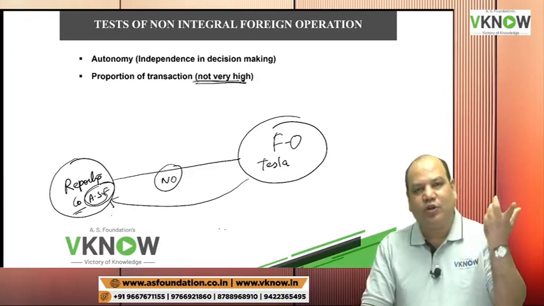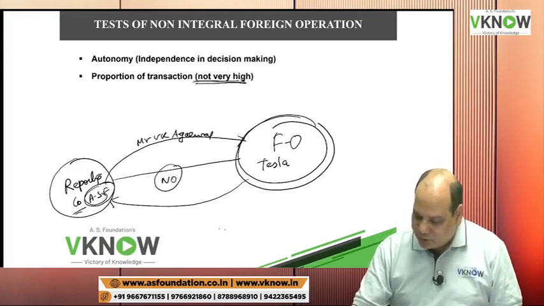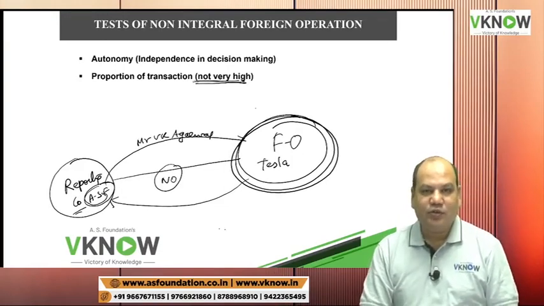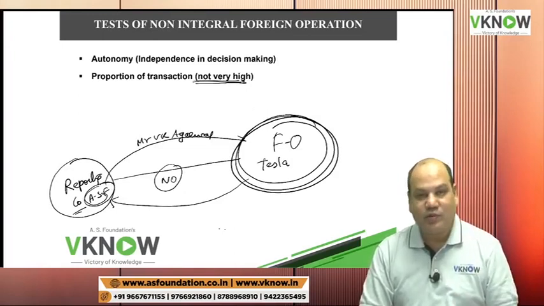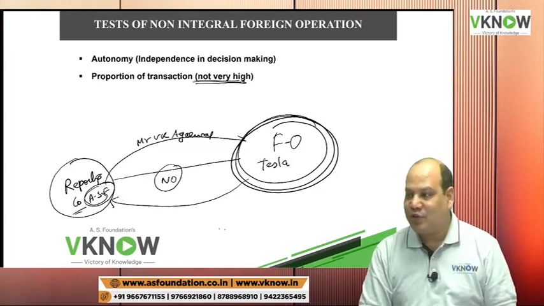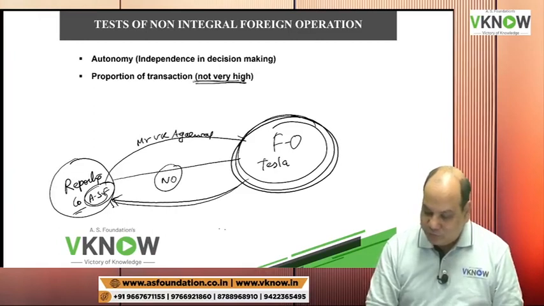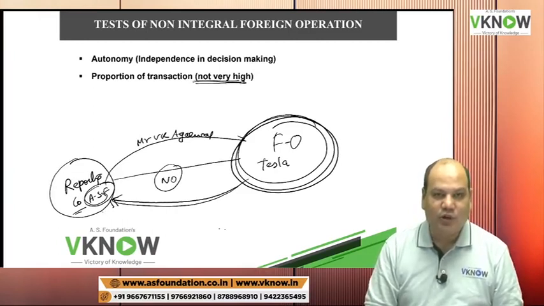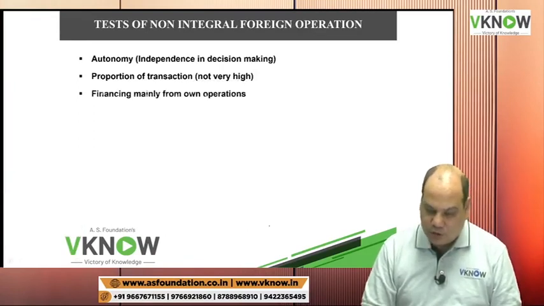Only one car for the entire year. And ASF CFO, Mr. Vinod Kumar Agarwal, he just went one time in the space using Tesla's space tourism program. These were only two transactions. Means number of transactions are not very high. That was just an example to make you understand that if number of transactions is not very high, then the foreign operation is non-integral foreign operation.